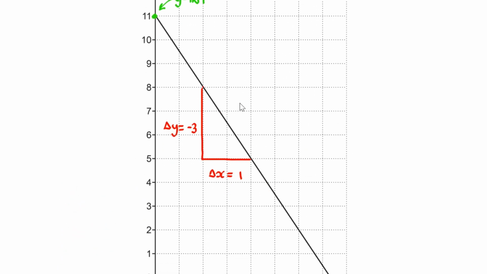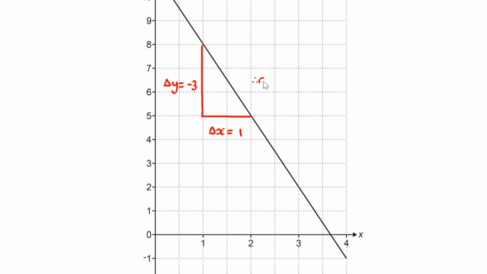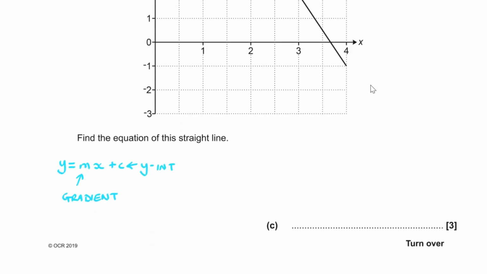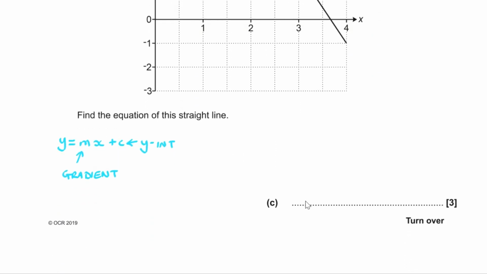Therefore the gradient is change in y, which is -3, over change in x, which is 1, so the gradient is -3. Therefore our equation of the straight line is y equals -3x plus 11, where the -3 was the gradient and the 11 was the y-intercept.